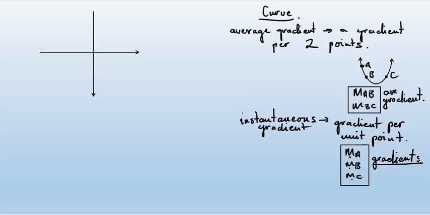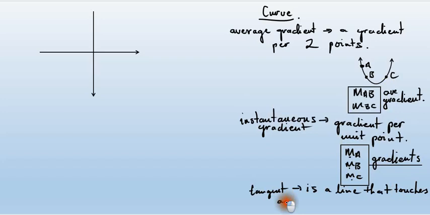What's a tangent? A tangent is a line that touches an arc at one point.